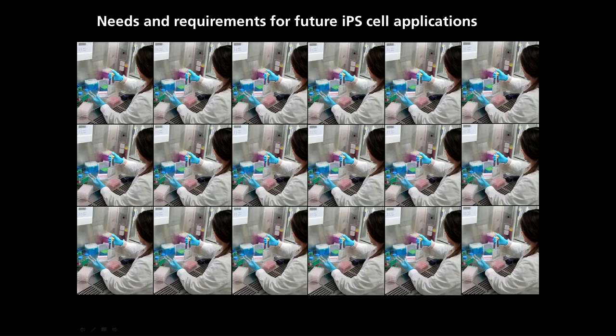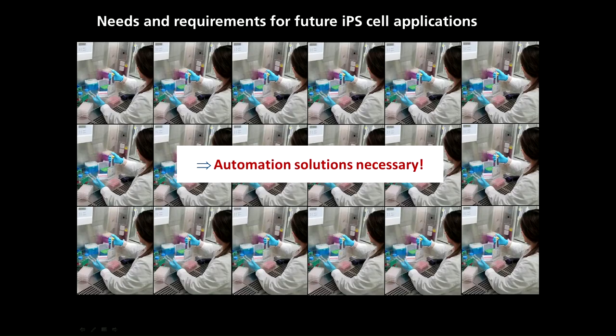Some technical assistants get better cell cultures than others. So the only possibility to really meet the demands of a future iPS cell technology application is that you need automation solutions, especially if you look at these economies of scale. If you're only duplicating your staff, then the costs are also duplicating. So automation is the best solution here.